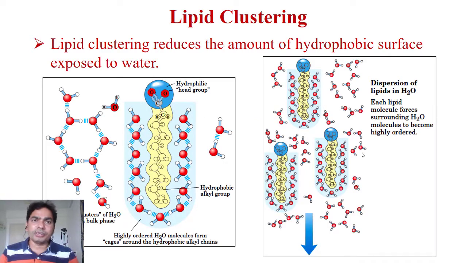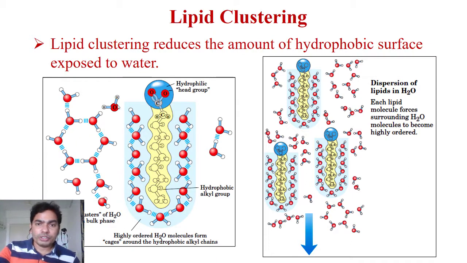A very basic principle of lipid clustering is that it reduces the amount of hydrophobic surface exposed to water. It is a fundamental nature of the lipid that it wants to keep its hydrophobic surface away from the water.